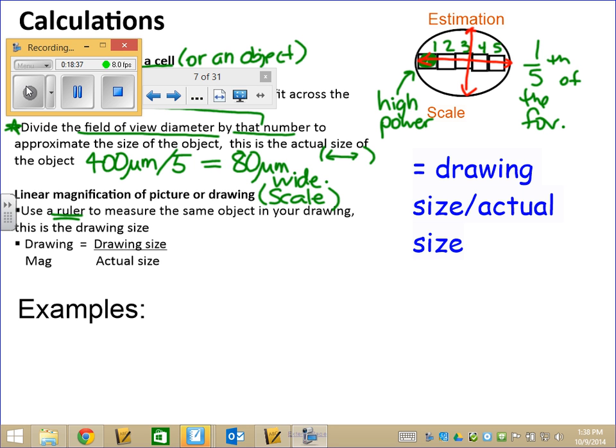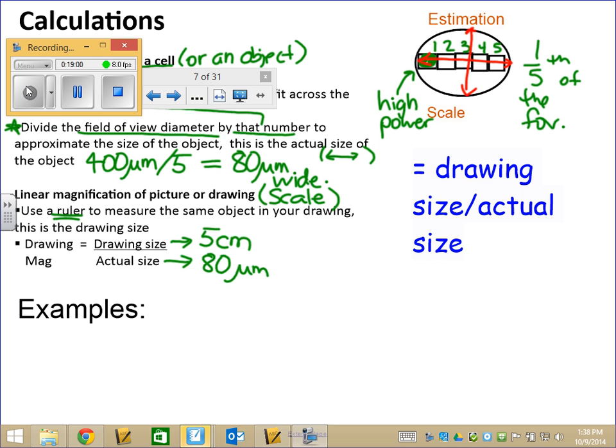In my picture, the actual size and the drawing size are what I'm looking for. My drawing size here is about 5 centimeters. The actual size of my cell is 80 micrometers.